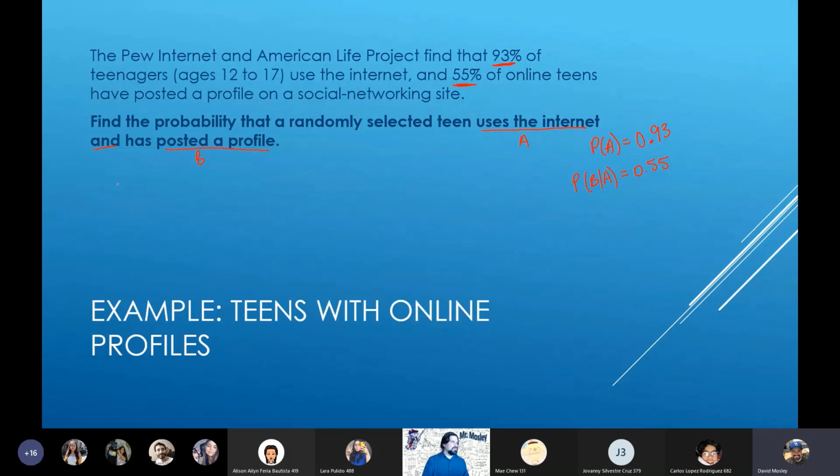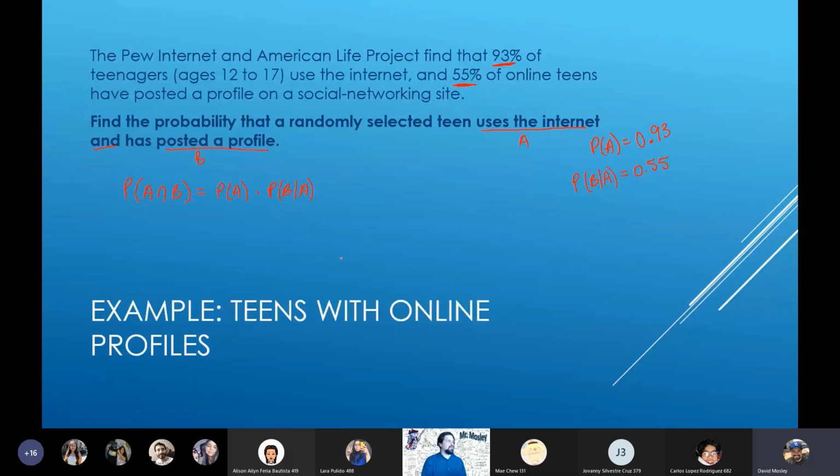So now we're trying to find the probability of A and B. Based on our new rule, we know that this should be equal to the probability of A times the probability of B given A, which we have.